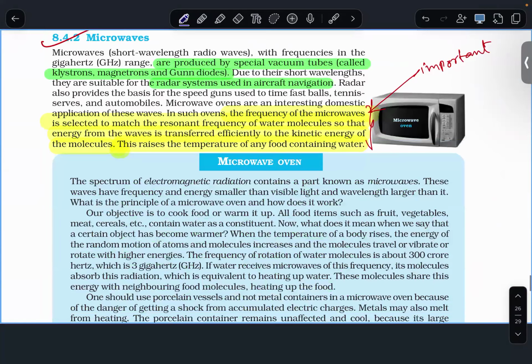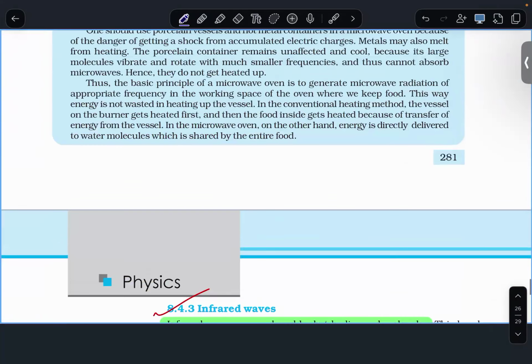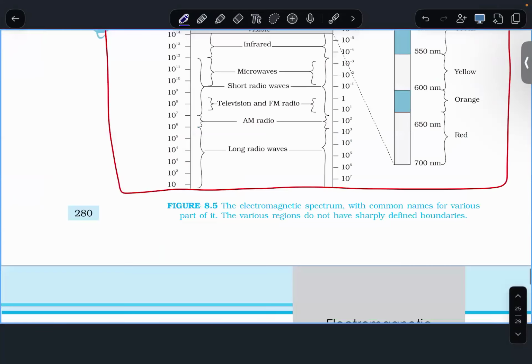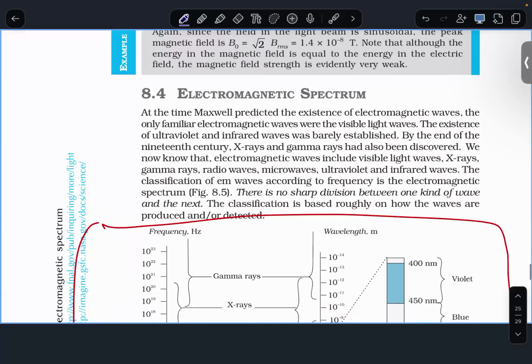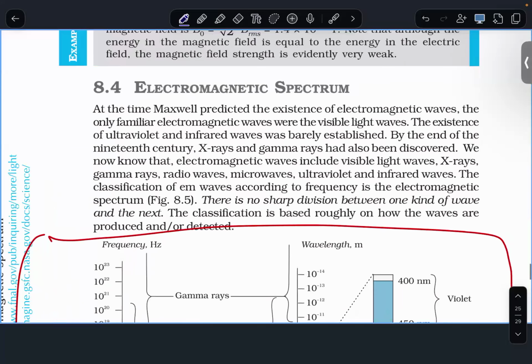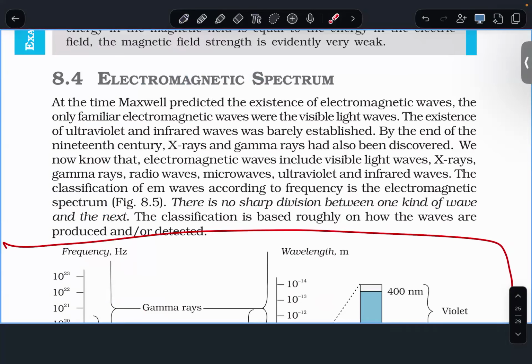Right, so now we will start with the electromagnetic spectrum. This is purely NCERT oriented. I told you Maxwell predicted the existence of electromagnetic waves on the basis of his equations. 20 years later, they were produced and detected by Hertz.